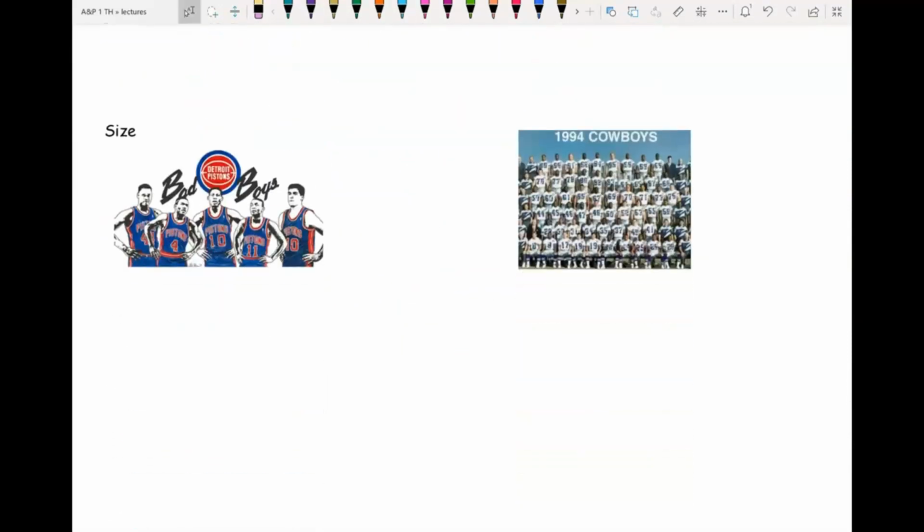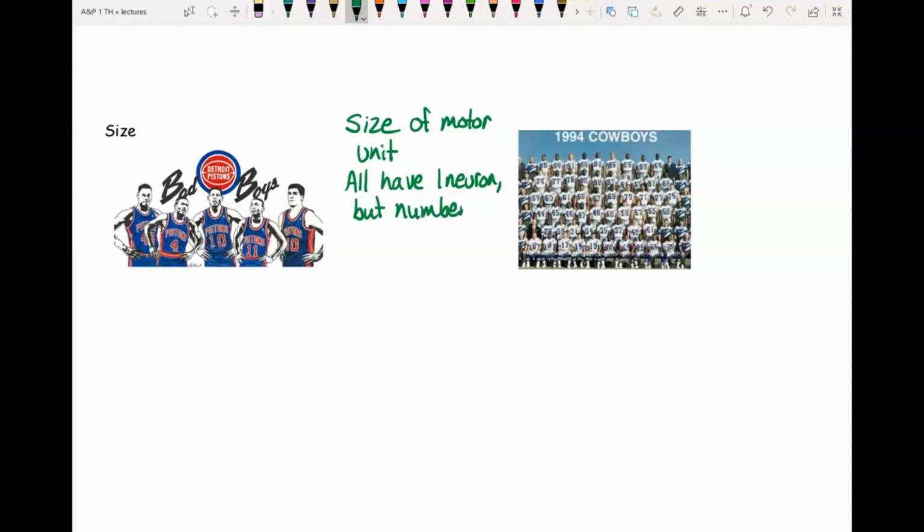Another important feature of motor units is the size of the motor unit. All motor units have one neuron, but the number of fibers can vary. So a small motor unit is like a basketball team.